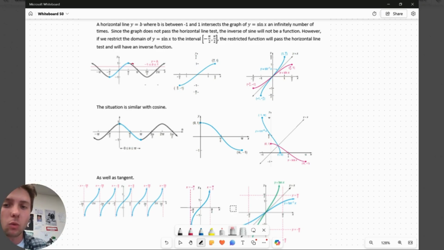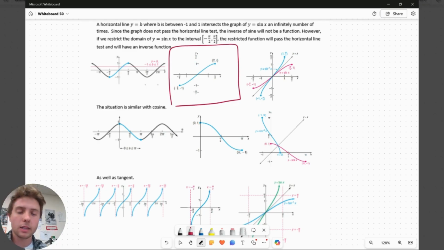For example, we want to make sure that we have the values from -1 all the way up to 1. Well, in order to do that, we could restrict the domain at -pi/2 to pi/2. That's where we get this second image here.